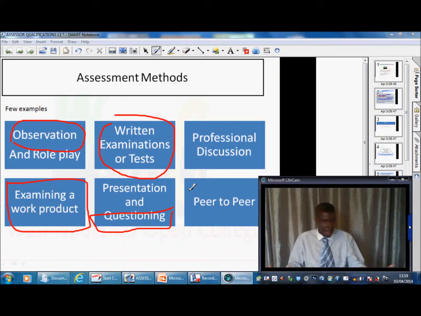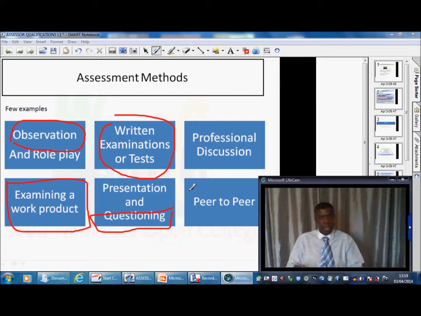Oh, I think this is A, it must be supposed to be B, etc. That way, they can quality check each other. You understand that one? Or in role play, it's also about peer-to-peer. You get fellow candidates to examine or mark other candidates' work with an assessment criteria which you provide. You're going to have to use a guideline.